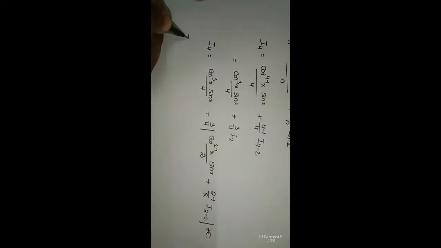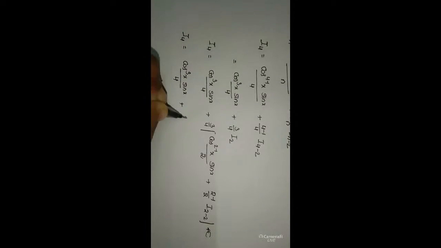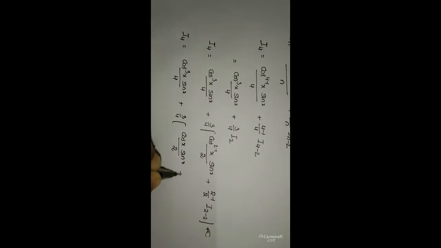Therefore I_4 is equal to cos cube x sin x by 4 plus 3 by 4 into [cos^(2-1)x, that is cos x sin x by 2 plus 1 by 2 into I_0] plus c. So in the last step we substitute that I_0 value.